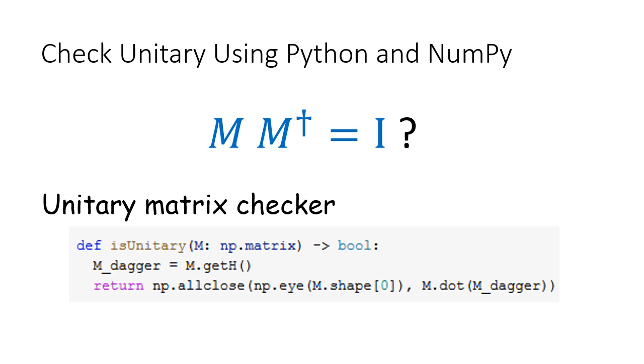In NumPy, it is generated by using the function np.eye. Due to some numerical error, we need to use np.allclose to check whether they are very close, that is, whether they are equal.